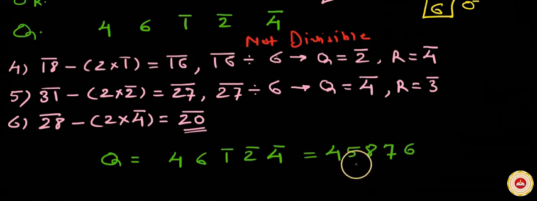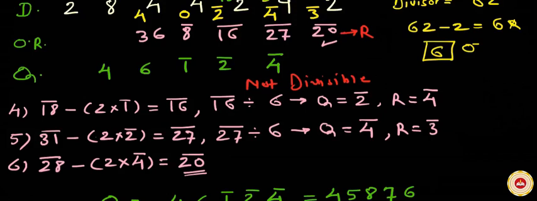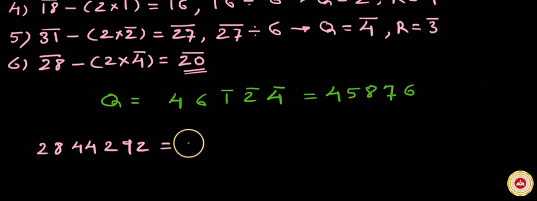So 45,876 is quotient and remainder is negative 20. That means we can write in this form. See, what is dividend? 28 lakhs 44,292 is equal to what is quotient? Sorry, what is divisor? 62. Am I right?